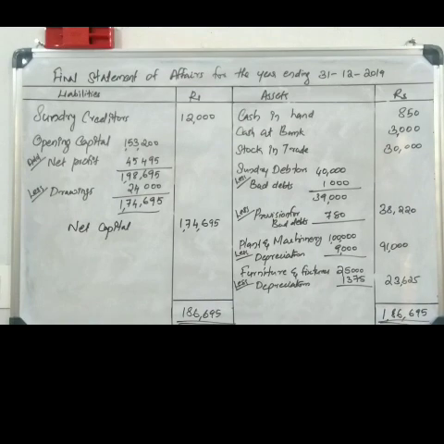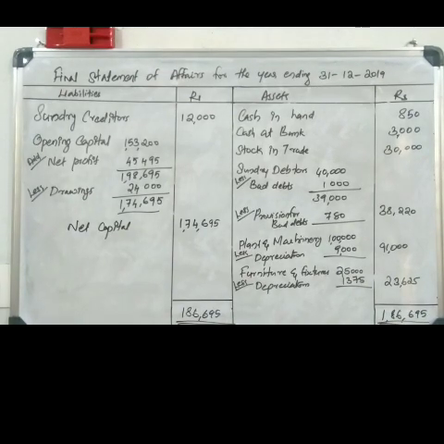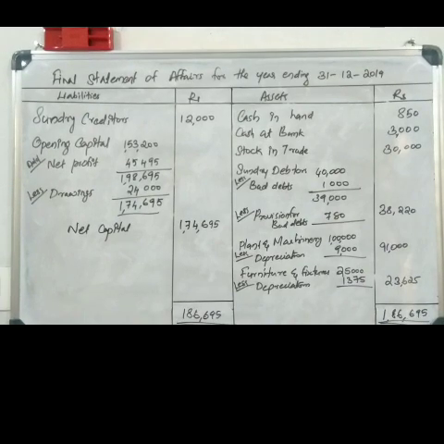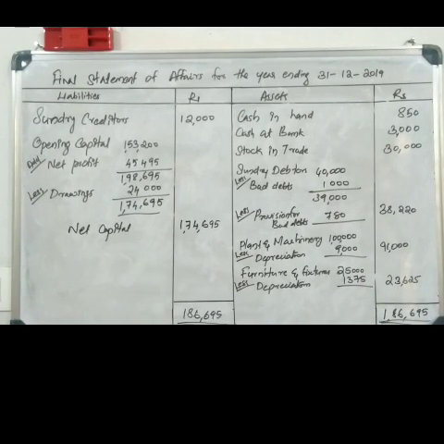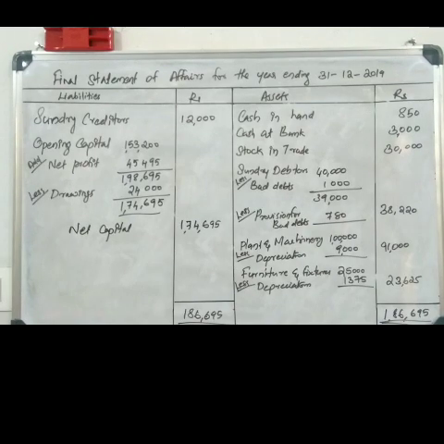So the collection of debtors is 40,000, minus bad debts, which is 39,000, and minus provision for bad debts, which is 780. So the net amount of sundry debtors is 38,220.